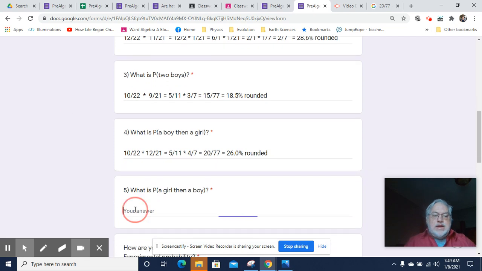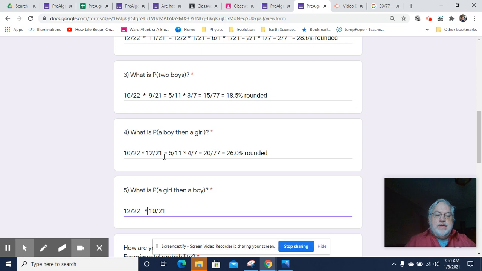Well, let's check that out. There were 12 girls out of 22. And once we've pulled from the hat, now there are still 10 boys, but there's 21 students left to pull from. You might notice something here. You don't have to do any math because up here it's 10 times 12 in the numerator, and here it's 12 times 10 in the numerator.